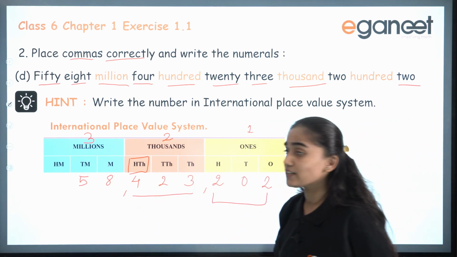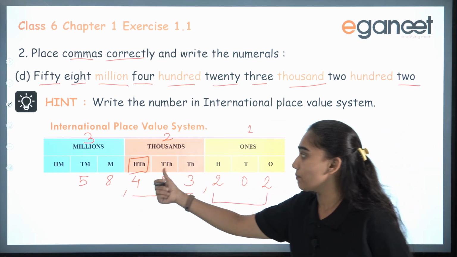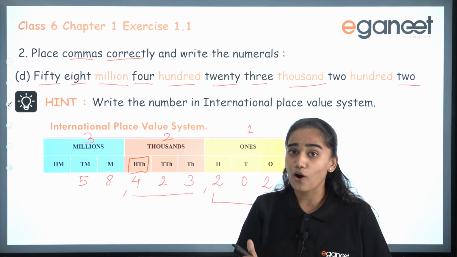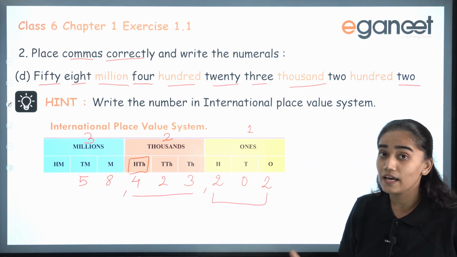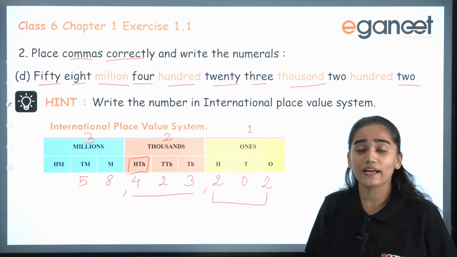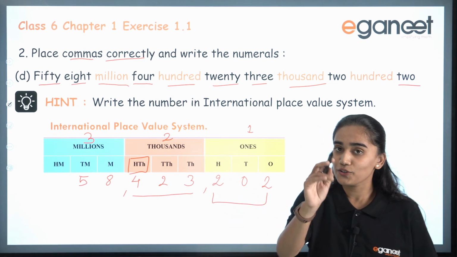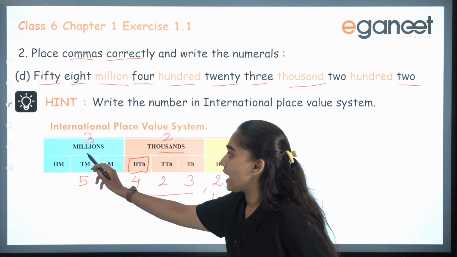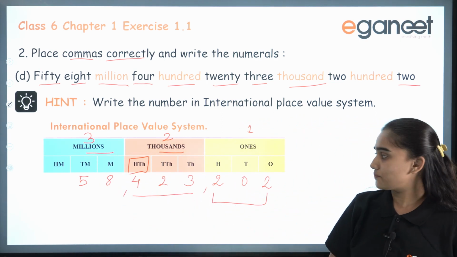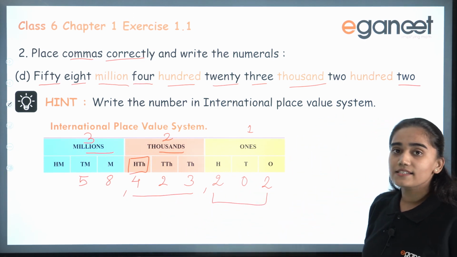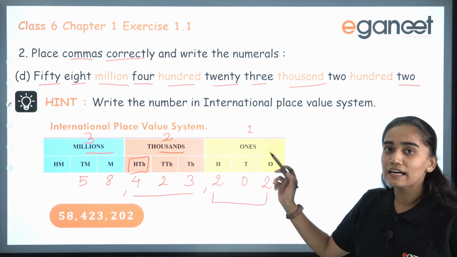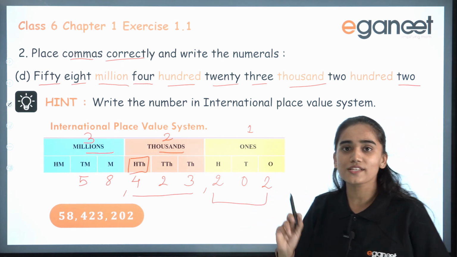So second comma will be placed before 100,000s place. Why should I put the commas in between the numbers here in international place value system as well? To represent the given number in thousands and in millions. So this is the correct representation of the given number in international place value system.